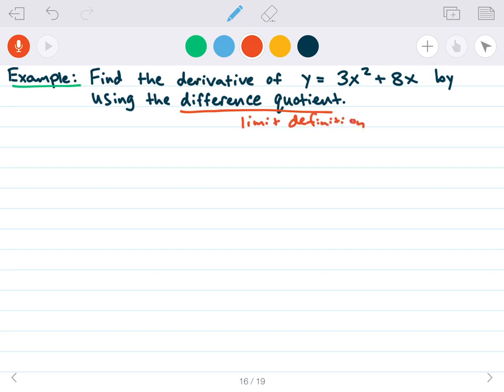And notice that it's not asking us to actually find the derivative at a point, so we just want to find it in general. Okay, so our function is 3x squared plus 8x, and we're going to use our limit definition as h goes to 0 of f of x plus h minus f of x all over h.